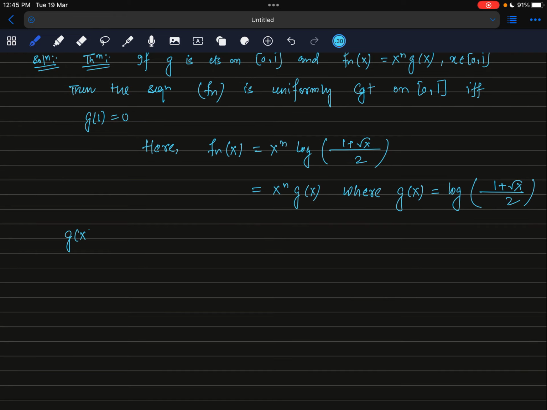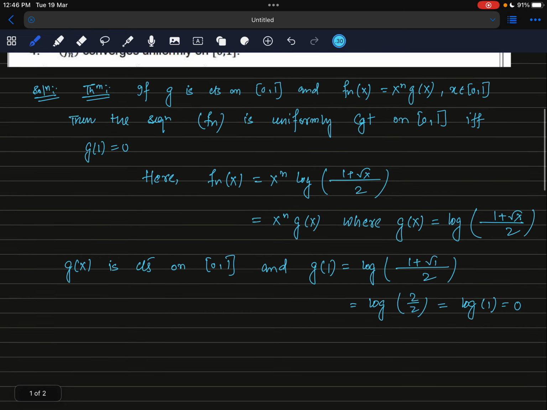Here g(x) is continuous on this interval, and g(1) is nothing but log of 1 plus root over 1 by 2, log of that is 2 by 2, that is log of 1, which is nothing but 0.